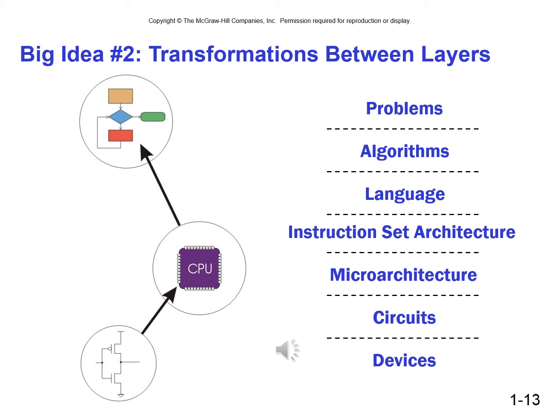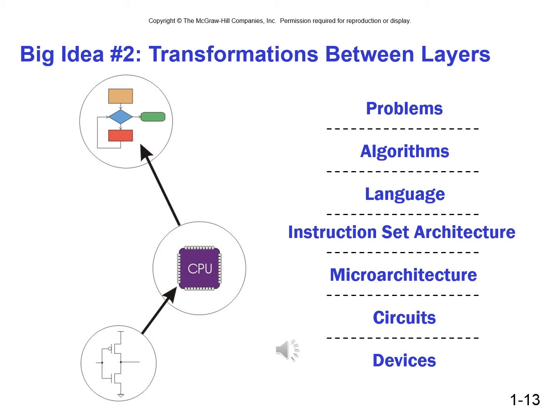Transformation between layers, big idea number 2. Okay, we have problems that someone chooses to solve with a computer program.